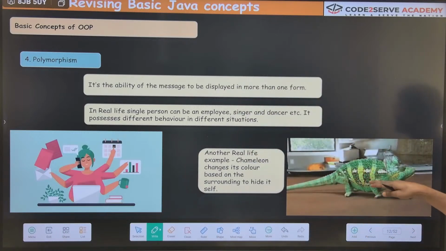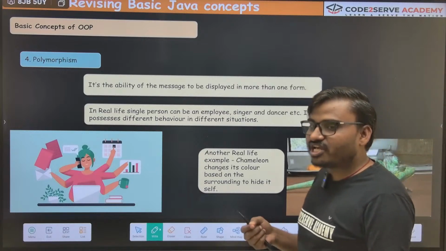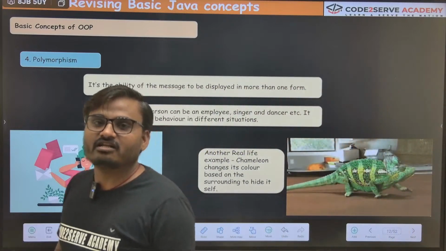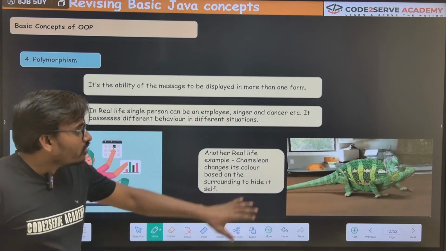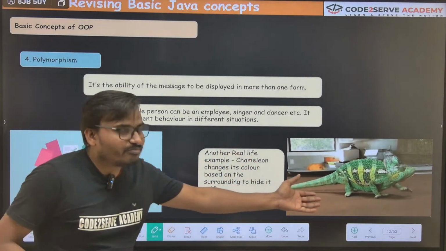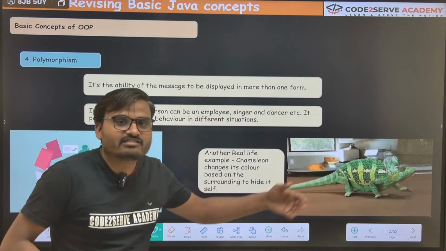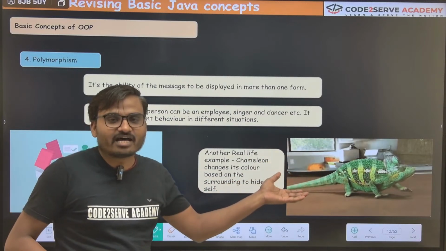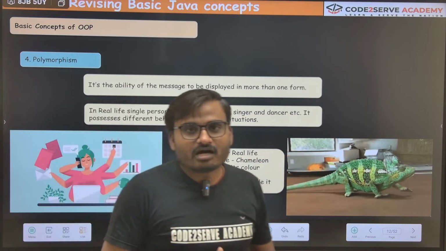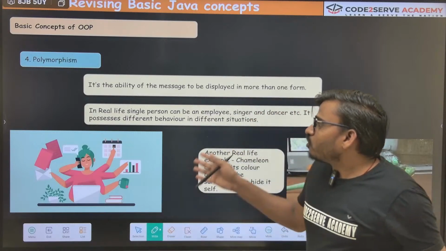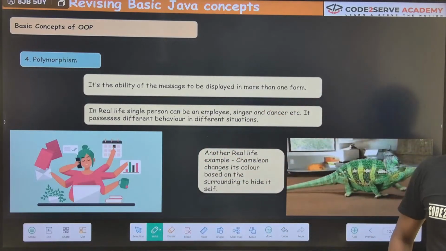Similarly, take the example of a chameleon. It changes its color based on the surroundings. What happens if the surrounding is brown, right? It will change its color to match that environment so that nobody harms it, right? So that is what polymorphism is.